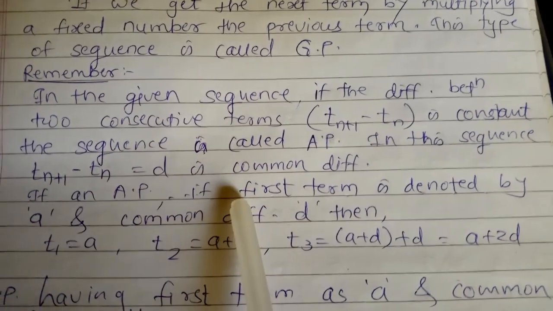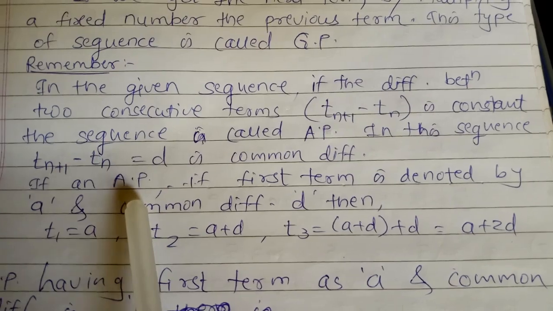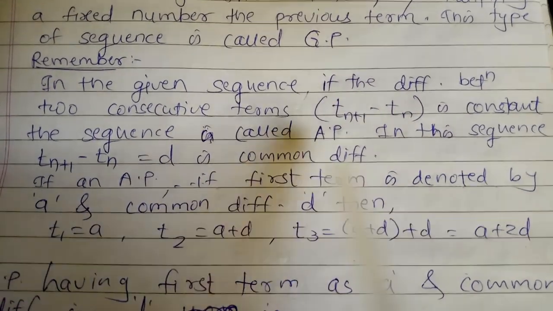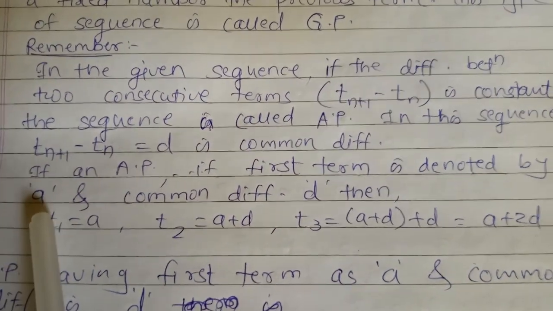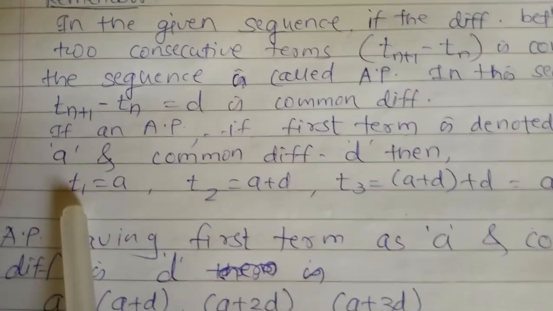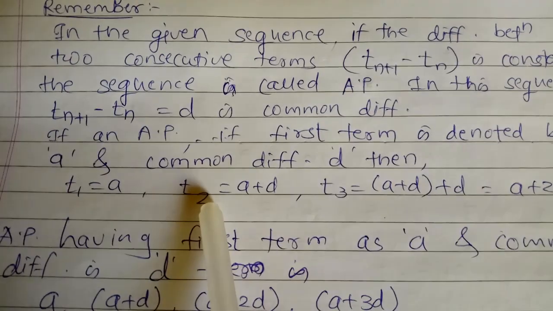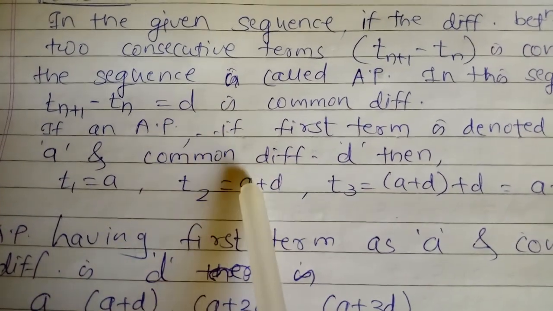In an AP, that is in arithmetic progression, if the first term is denoted by a, that is small a, and the common difference is d, then T1, the first term, is equal to a, then the second term is a plus d, meaning we get the second term by adding the common difference to a.